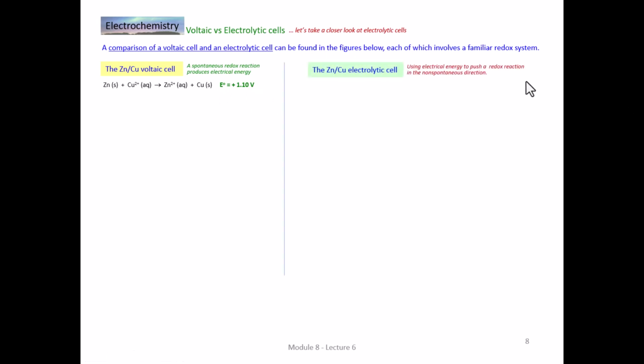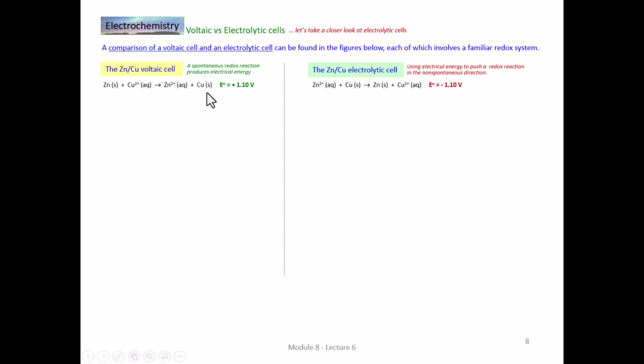Now, if we turn this reaction around and we decide we wanted to push it backwards, this would then be a zinc-copper electrolytic cell. So what we would be doing is using electrical energy to push a redox reaction in the non-spontaneous direction. And although this reaction looks identical to the one on the left, really what we've done here is we've flipped it around.